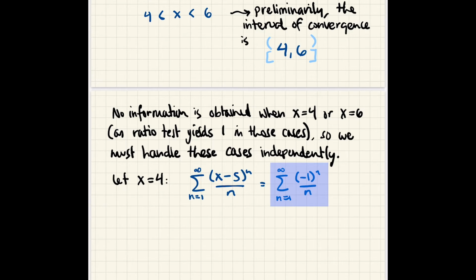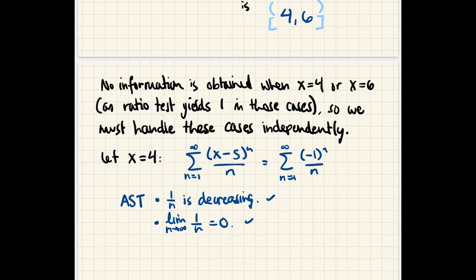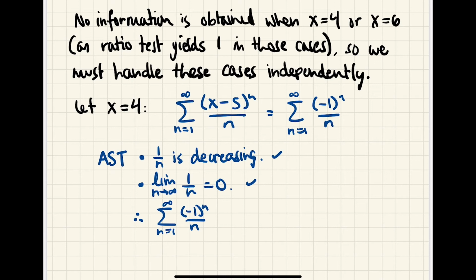Well, we can't use the ratio test on it because we know the ratio test is inconclusive, but hey, that's an easy alternating series test. So the b_n, which in this case is 1 over n, is clearly decreasing, and the limit of the b_n is equal to 0. So we can conclude that this series here is convergent. Okay, so this tells us that the series converges at 4.